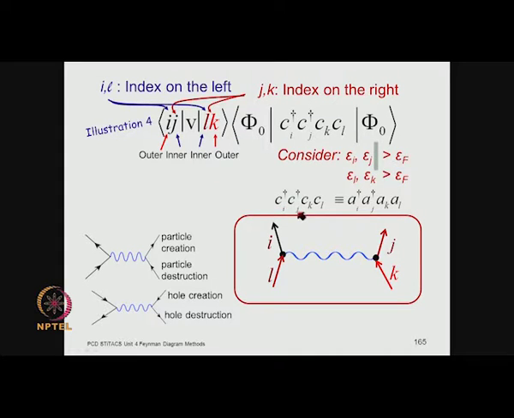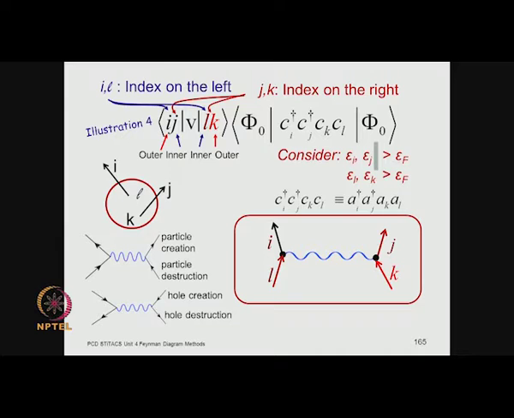So, you keep track of that, and that is a useful thing to remember. So, this is like a particle from l being excited into i, and from k into j. That is the usual physical picture that you can draw.